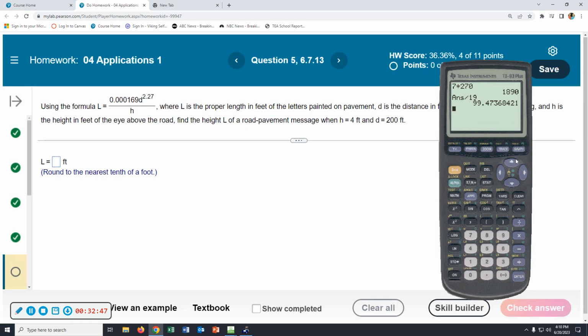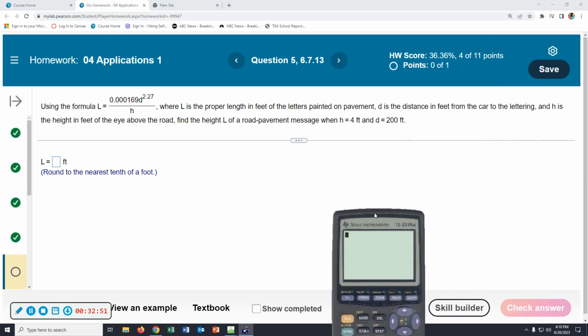Oh, now this looks like a messy formula. Look at this. Using the formula L equals, I may as well just start writing it out.